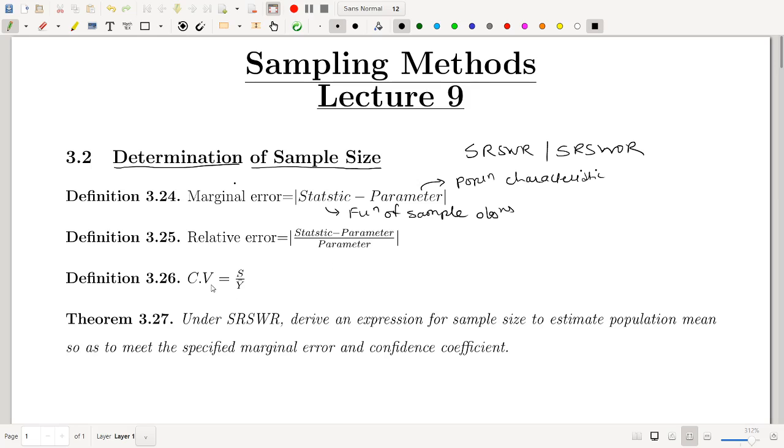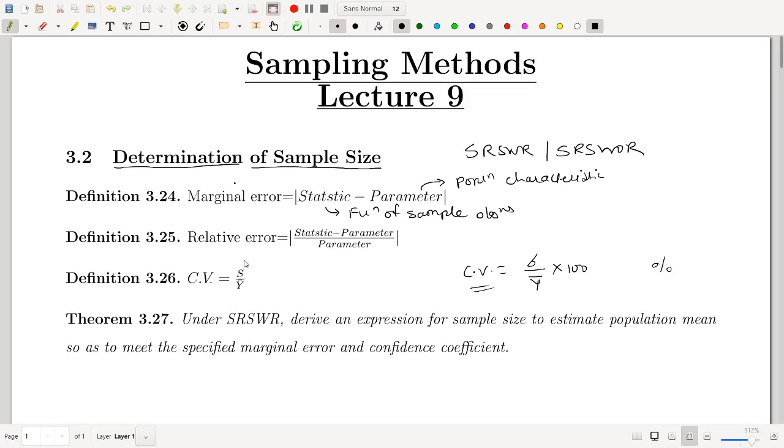Next definition is coefficient of variation. Usually coefficient of variation is denoted by sigma by modulus of Y bar into 100, so it is represented in percentage. But we are going to see the coefficient of variation which is not in percentage.